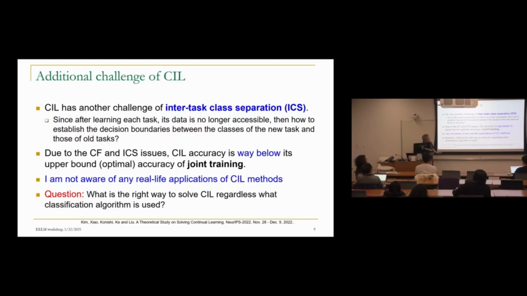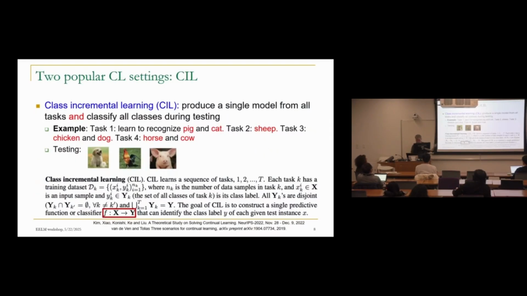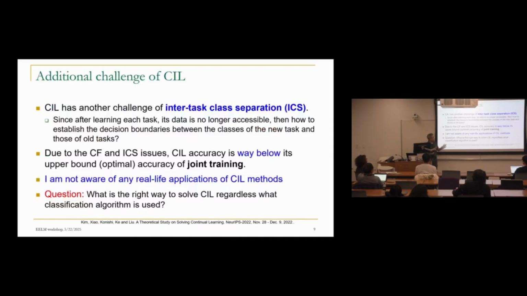There's another setting which is called domain incremental learning. The first one was task incremental, the second one is class incremental, and there's domain incremental learning. Domain incremental learning is much simpler. You're learning exactly the same classes, but they come from different domains. For example, in sentiment classification, you classify documents into positive and negative.